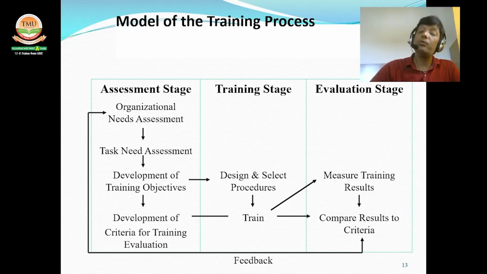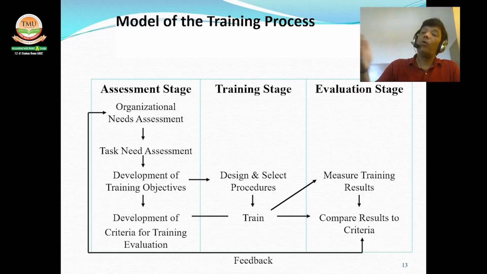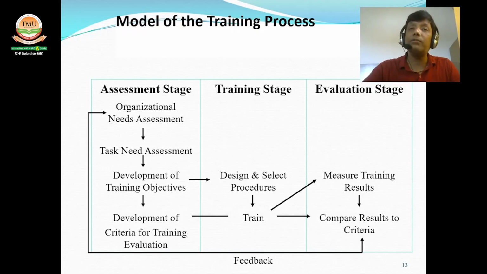Very correct. You have identified or assessed your needs. You have developed your training objectives. Now, after training, how will you do the evaluation of it? How will you be able to evaluate whether the training sessions given to your workforce or staff are effective or not?